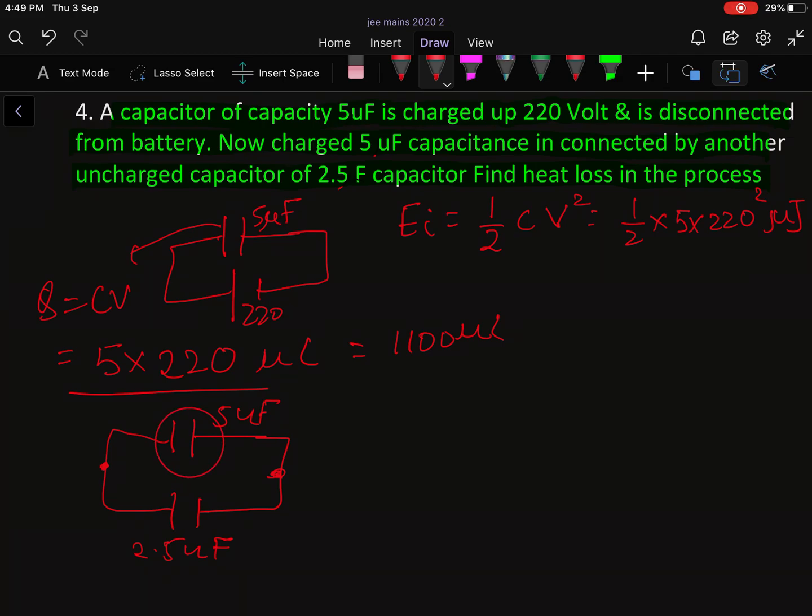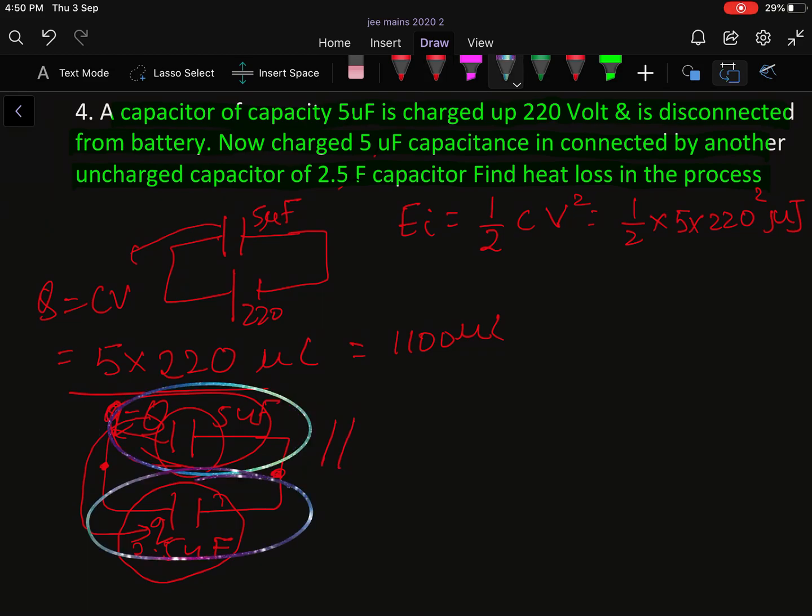So the charge will transfer in such a way that one loses a small q and the other gains q, so that the potential across both is the same. These two will be in parallel combination.